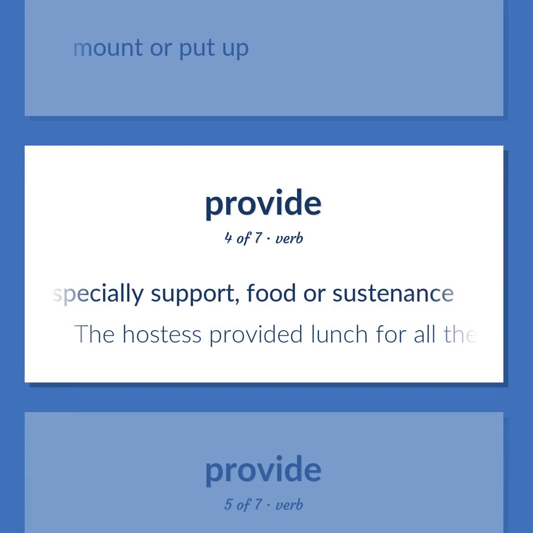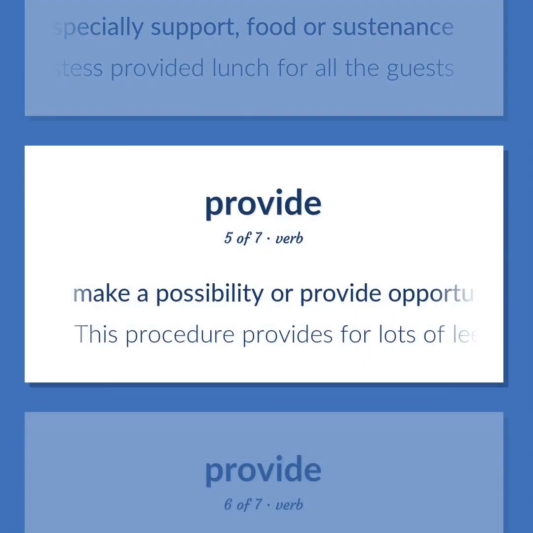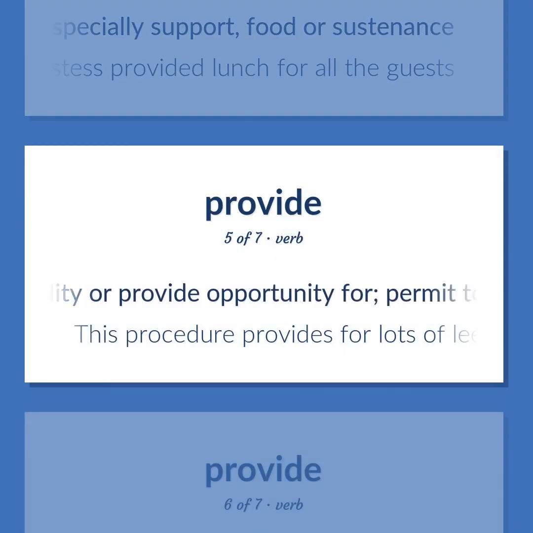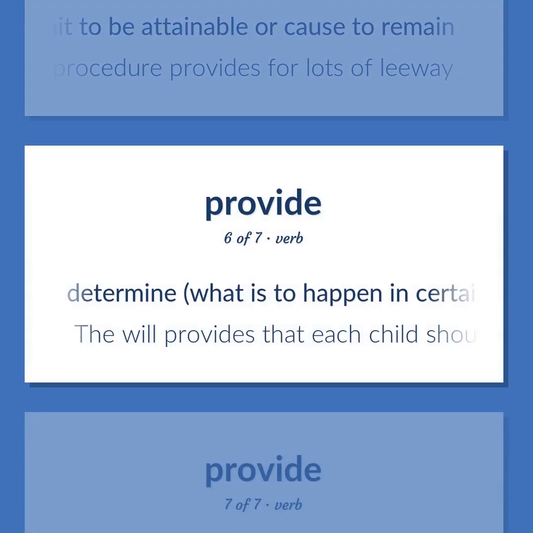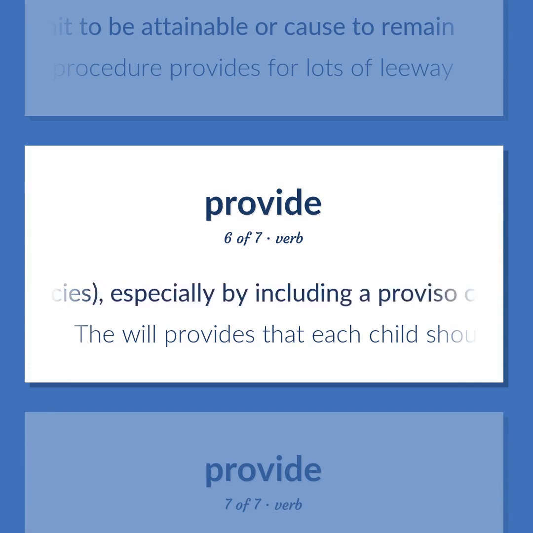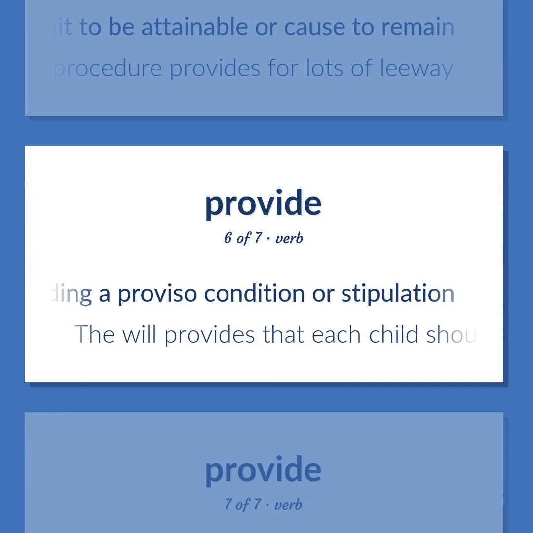The hostess provided lunch for all the guests. Make a possibility or provide opportunity for, permit to be attainable or cause to remain. This procedure provides for lots of leeway. Determine what is to happen in certain contingencies, especially by including a proviso, condition or stipulation. The will provides that each child should receive half of the money.